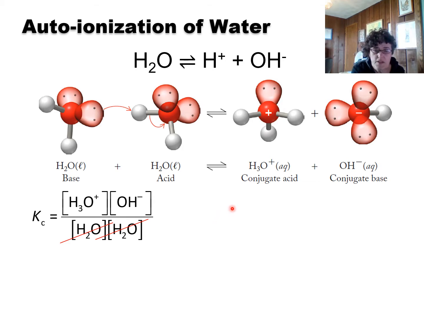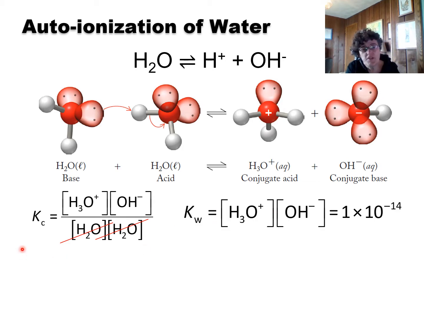So the formula for this equilibrium constant is quite simple. There are only two factors, and as it happens, the value is very small, 10 to the minus 14.